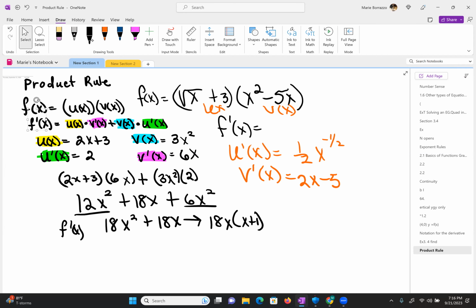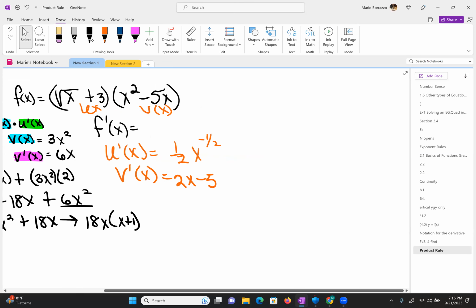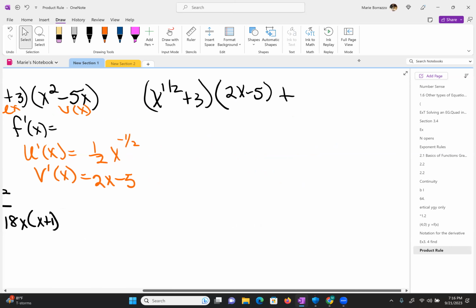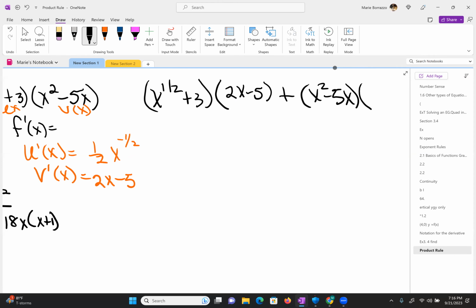So if I'm setting this up well, this should be x to the 1/2 plus 3, times the derivative of v, which is 2x minus 5, plus the original v of x, which is x squared minus 5x, times the 1/2 x to the negative 1/2.